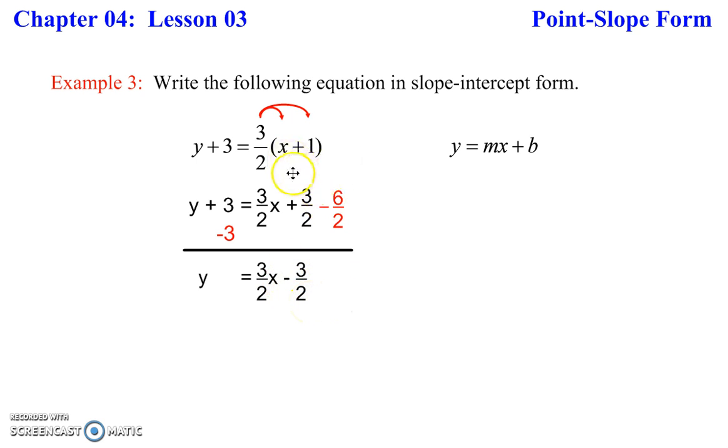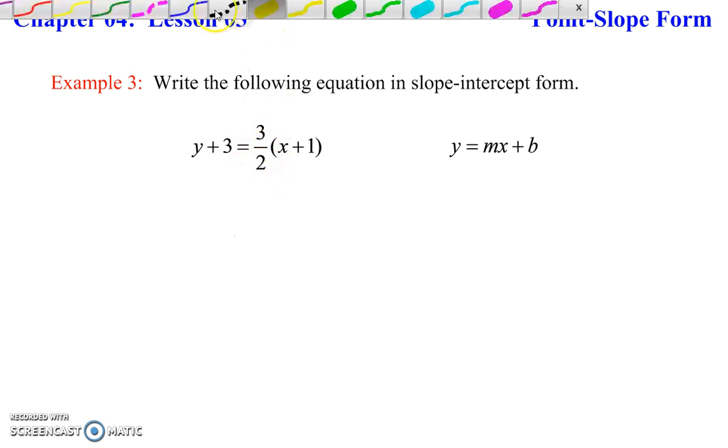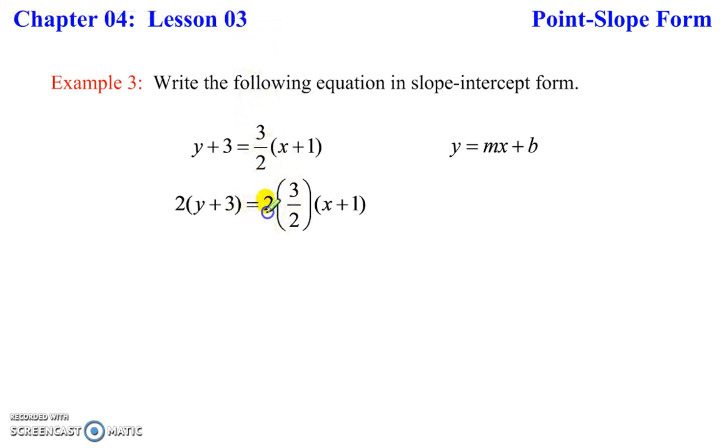Now there's another way you could do that if you don't like working with a fraction up here. You could multiply by the denominator again. That's by 2 here. Multiply by the denominator. Do that on each side. And then that cancels out the denominator. Now do distributive property. We get 2y on the left side plus 6 equals 3x plus 3.